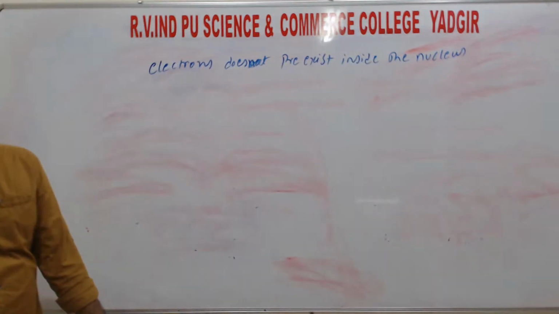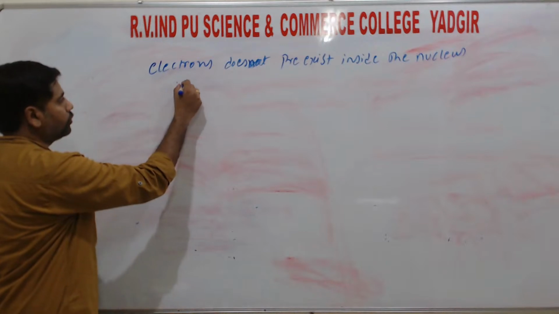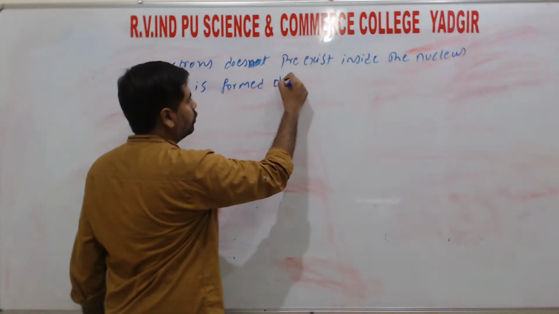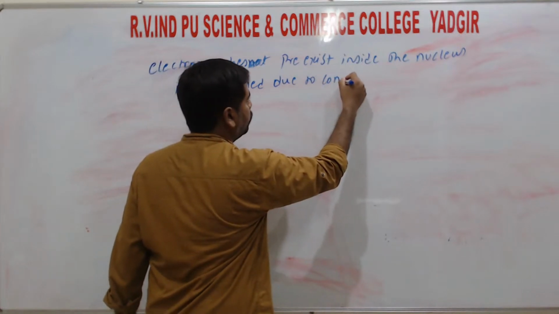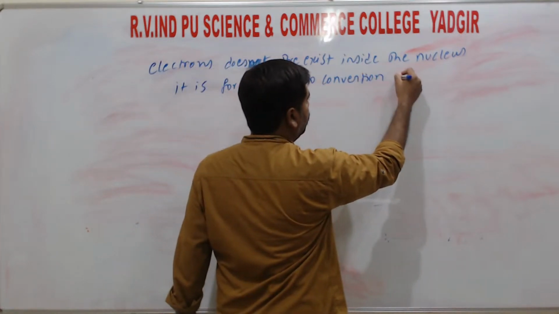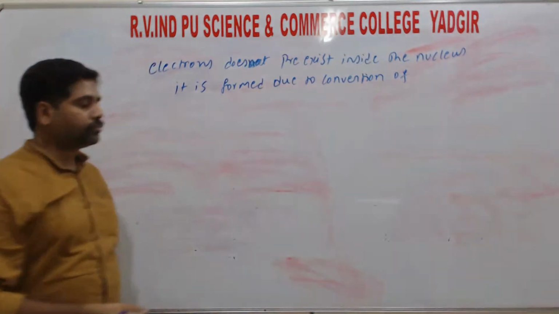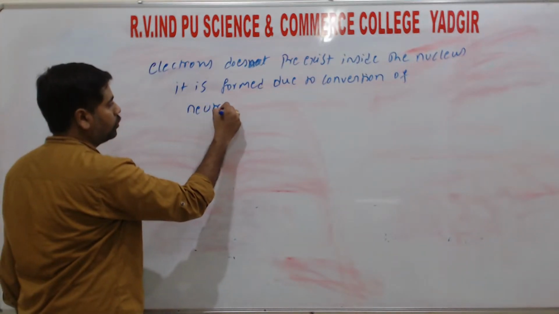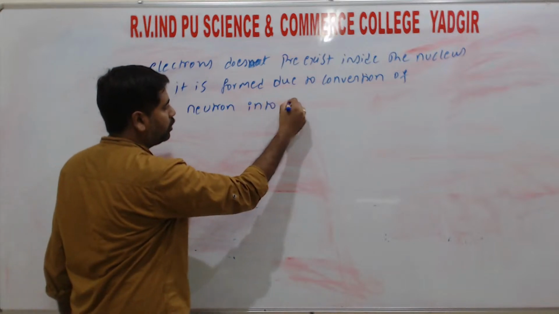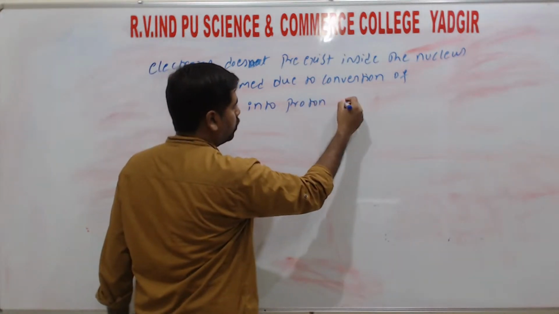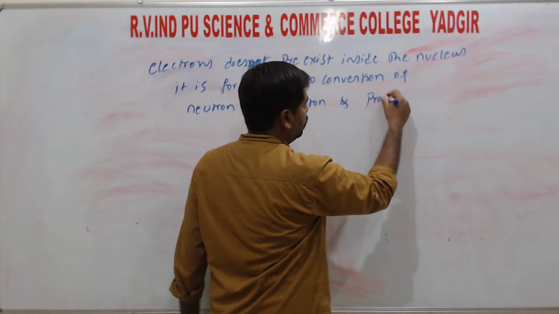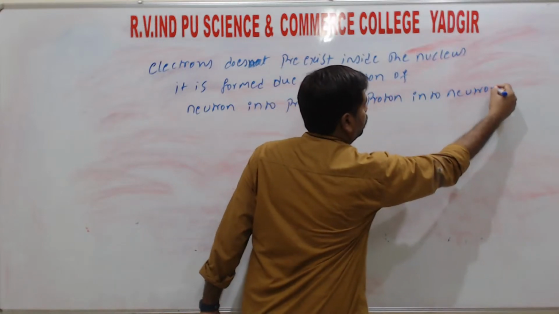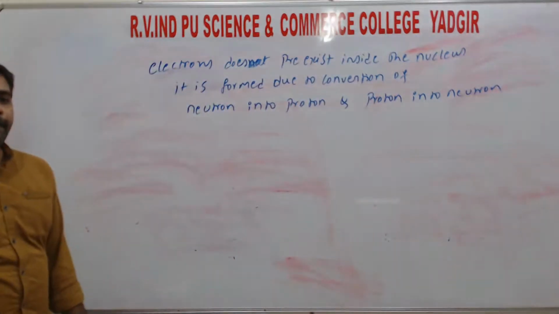It is formed due to conversion of neutron into proton and proton into neutron, right?